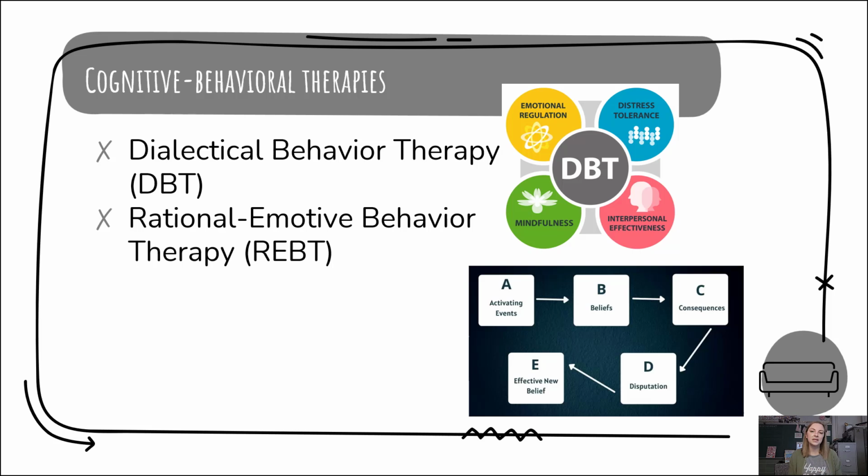By addressing these cognitive distortions and teaching coping skills, CBT helps individuals develop healthier thought patterns and behaviors. A person with social anxiety, for example, might use CBT techniques to challenge and change irrational beliefs about social interactions, gradually exposing themselves to social situations to reduce fear and build confidence.